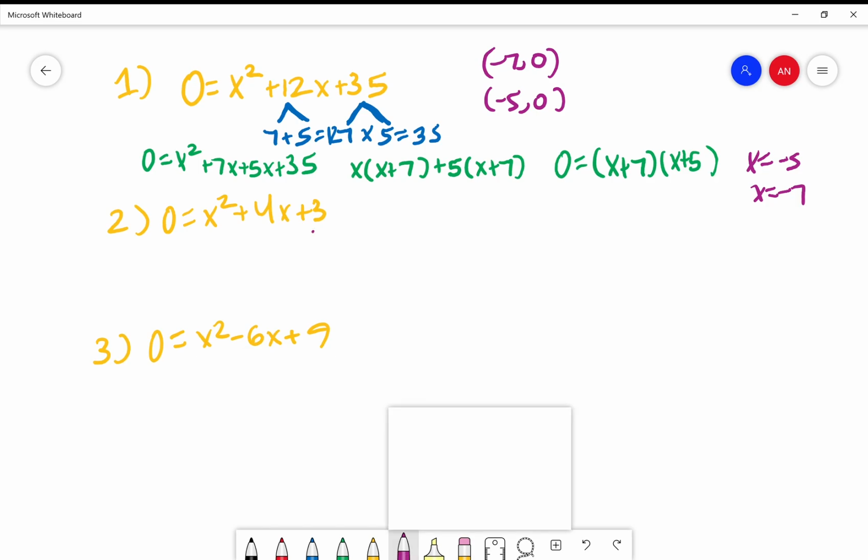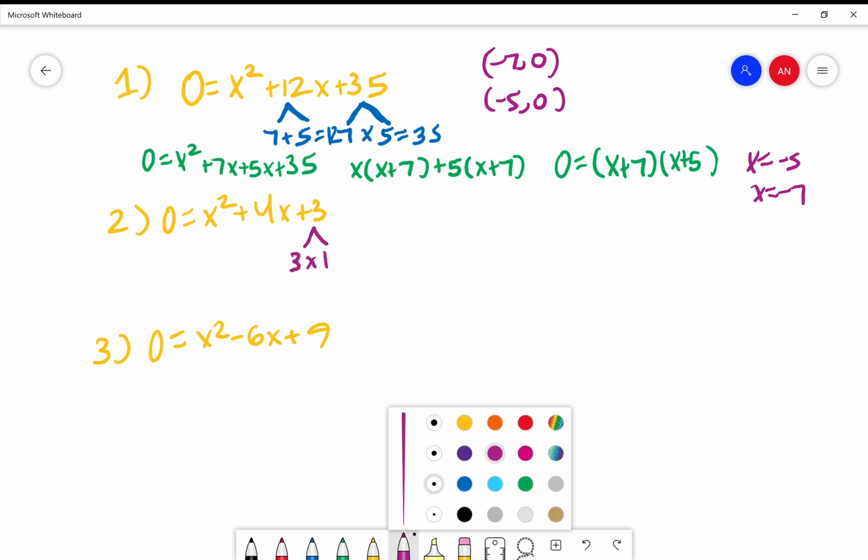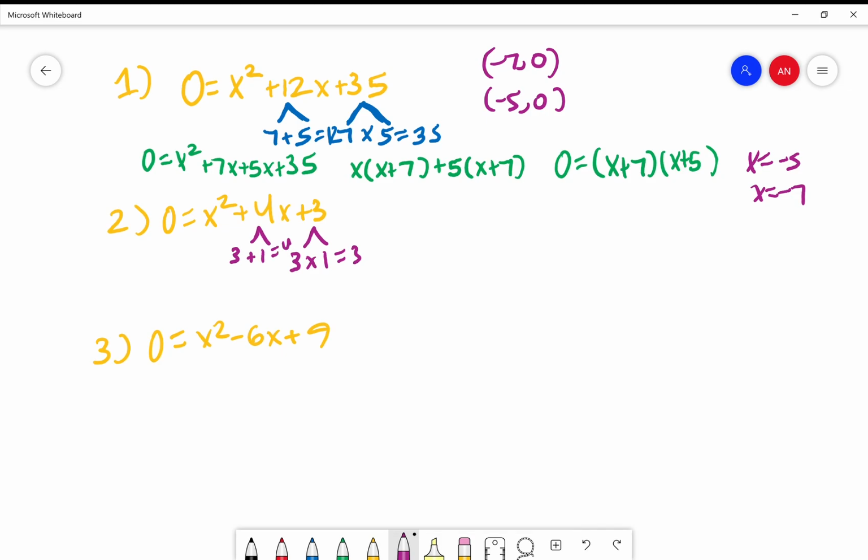Same thing. 3 times 1 is equal to 3, 3 plus 1 is equal to 4. 0 is equal to x squared plus 3x plus x plus 3. Factor that, we get x times x plus 3, plus 1 times x plus 3.